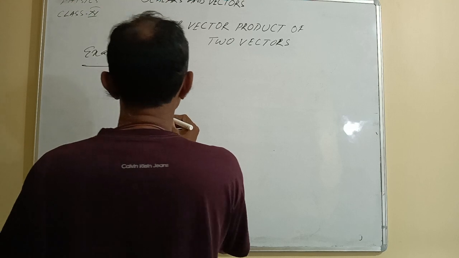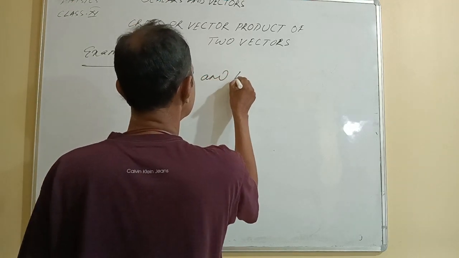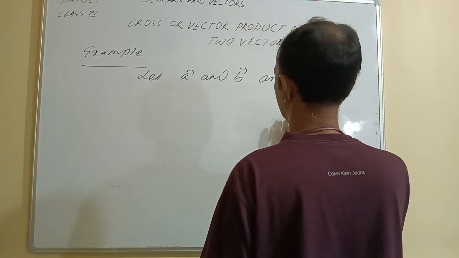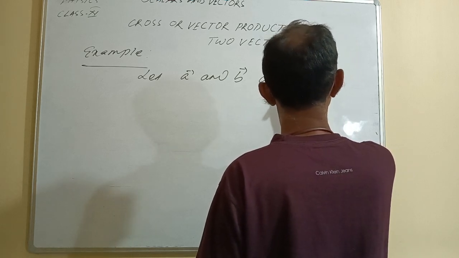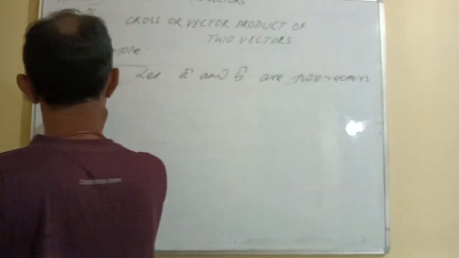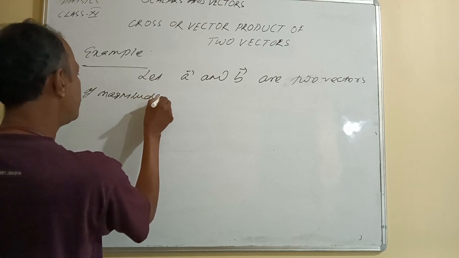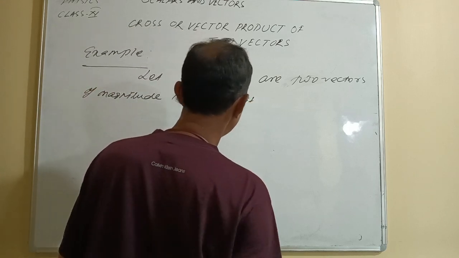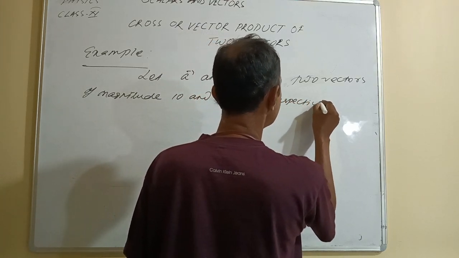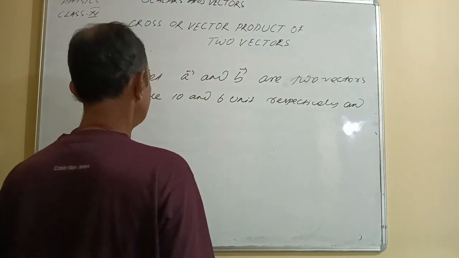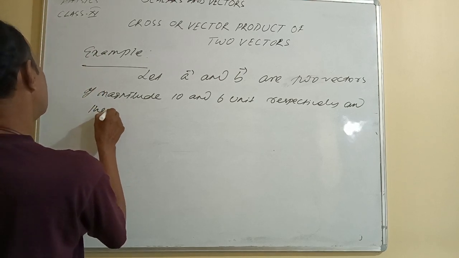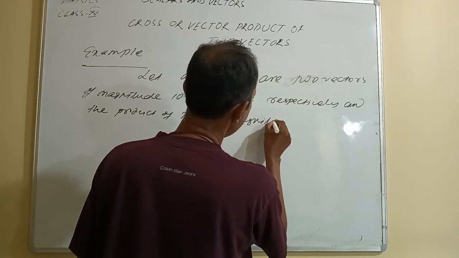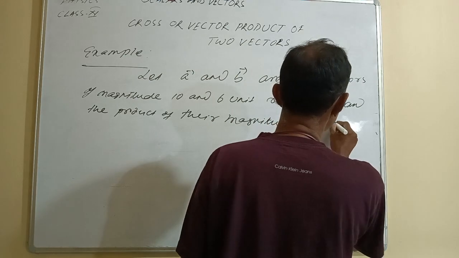Suppose A and B are two vectors of magnitude 10 and 6 units respectively, and the product of their magnitude is 60 units.